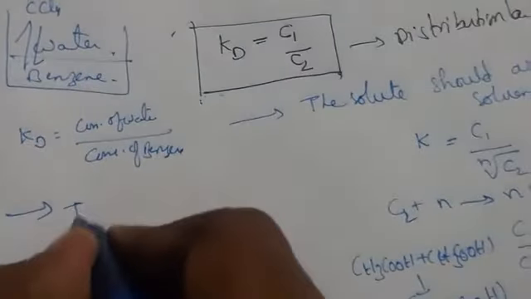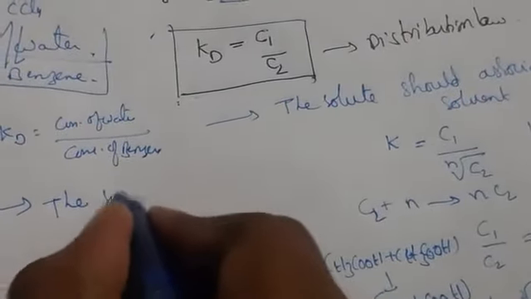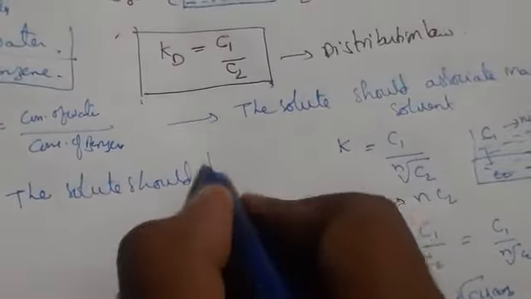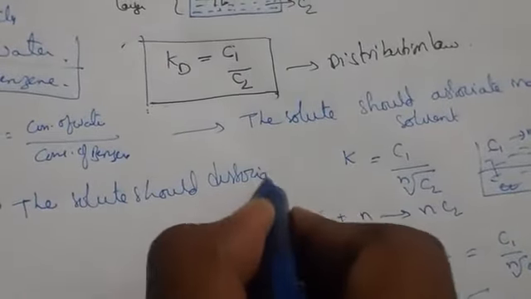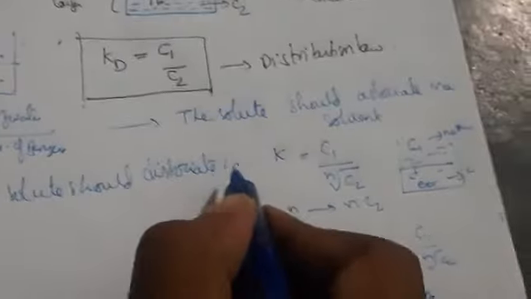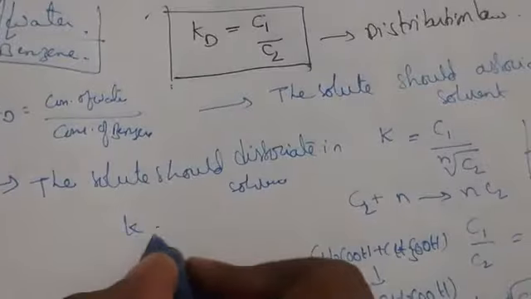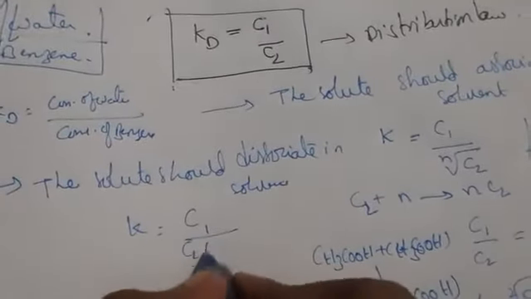What is the next condition? The solute should dissociate in the solvent. Here we get K is equal to C1 by C2 into (1 minus X). What is dissociation?